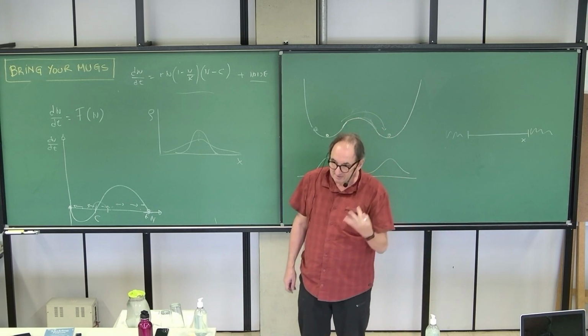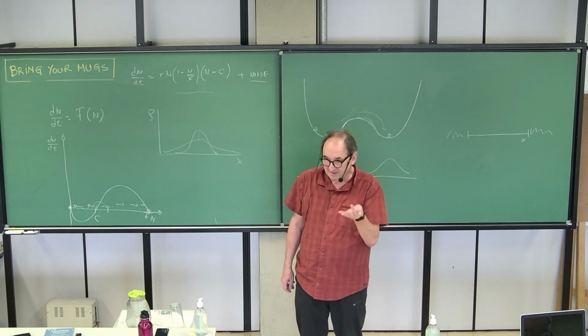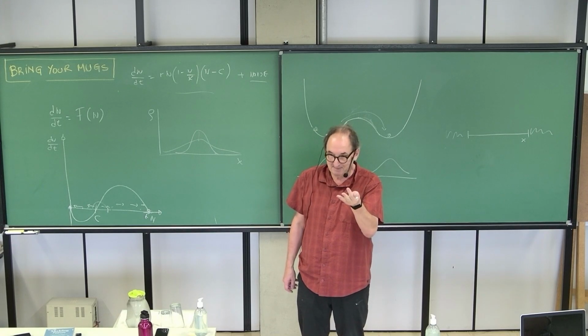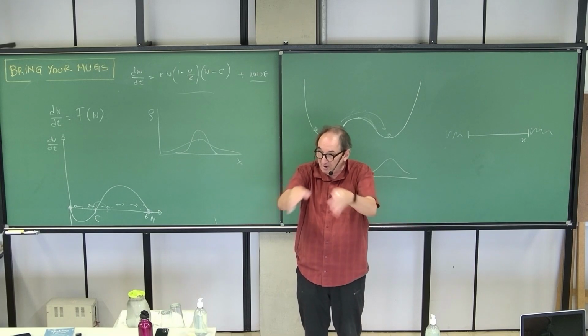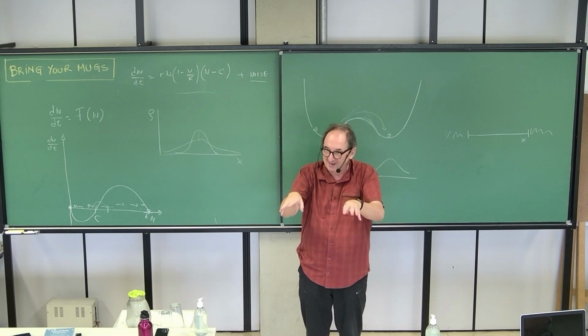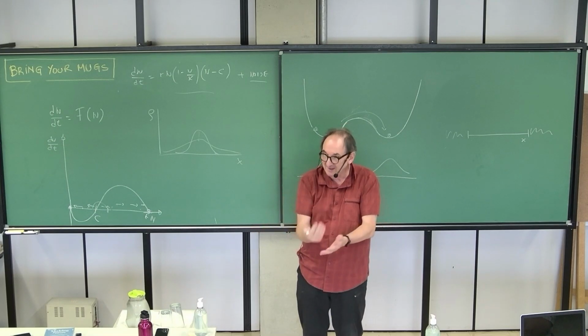Logistic growth has the tendency to increase the population up to the carrying capacity, but diffusion tends to spread it out. So there's competition. To know what level of population you will have, there's a competition between spreading, diffusing, and increasing.